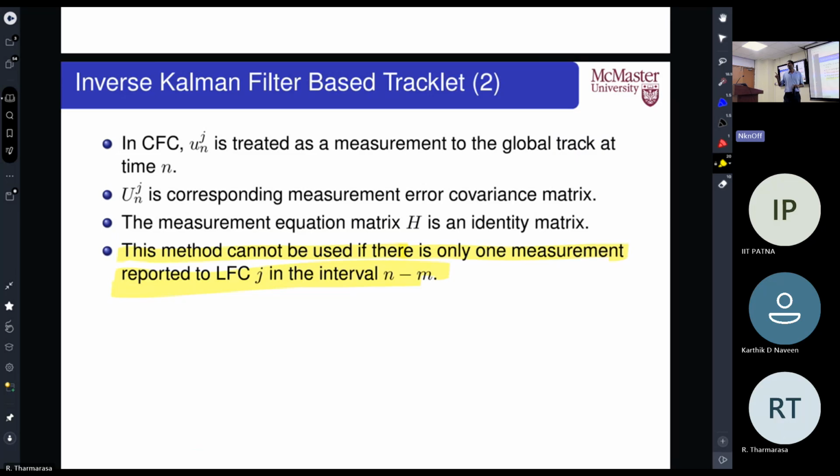For angle-only, how many measurements do we need? Even 2 is not enough, because 2 can be used to find the position, not the velocity. So it could be 3, right? You may need 3 measurements in order to capture the velocity, so you need more measurements in order to use that.